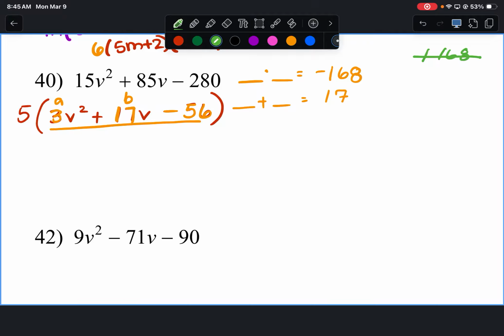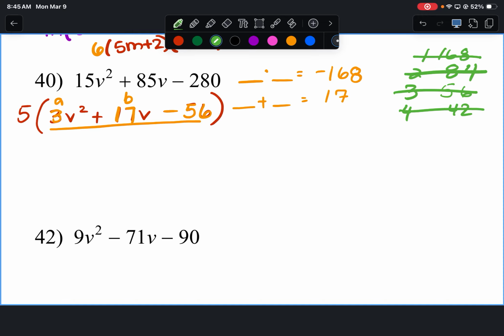Okay. 168 divided by 2. That's 2 and 84. Does that work? Okay, 168 divided by 3. That's 3 and 56. Does that work? Okay, 168 divided by 4. That's 4 and 42. Does that work? Nah, I know what it is.